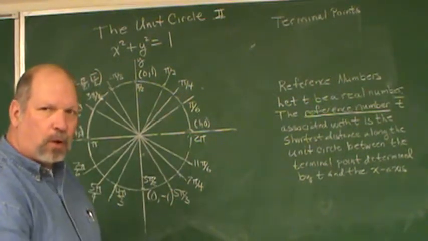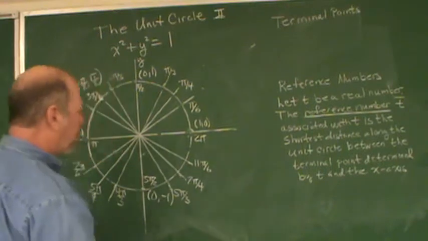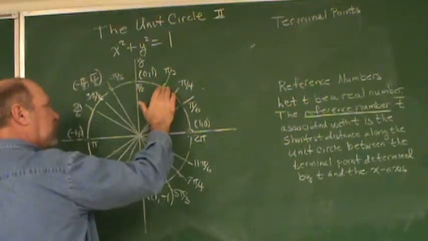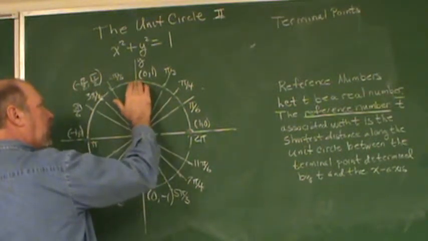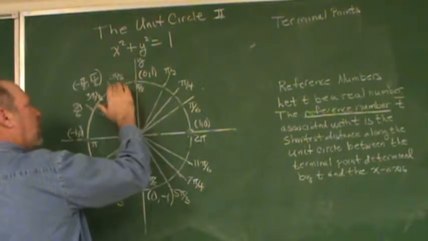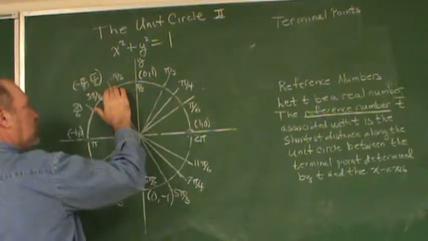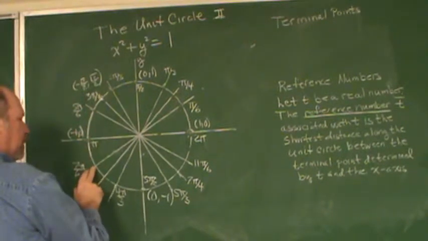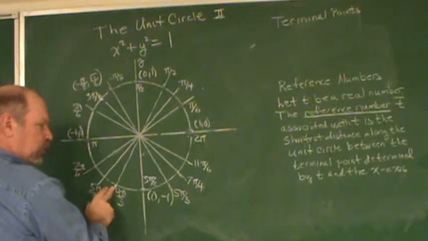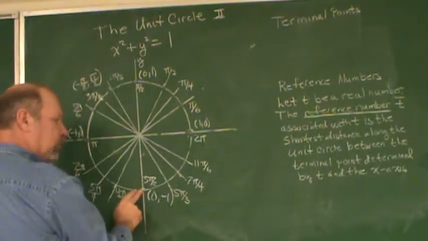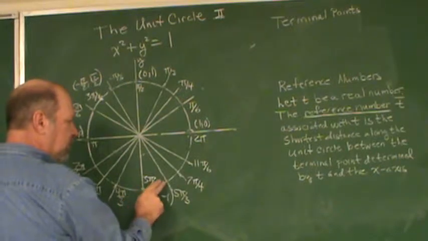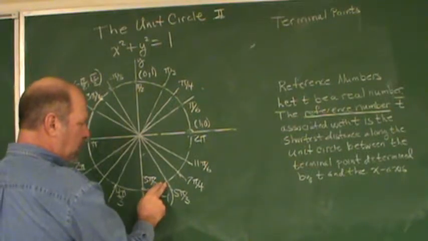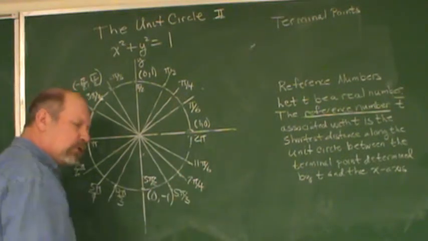And then what I do is I go around in 6 because that'll get all of them for me. If I go around in 6, from here to here is pi over 6, 2 pi over 6, which reduces down to pi over 3, 3 pi over 6 reduces to pi over 2, 4 pi over 6 reduces to 2 pi over 3, 5 pi over 6, 6 pi over 6, 7 pi over 6, 8 pi over 6 reduces to 4 pi over 3, 9 pi over 6 reduces to 3 pi over 2, 10 pi over 6 reduces to 5 pi over 3, 11 pi over 6, 12 pi over 6.